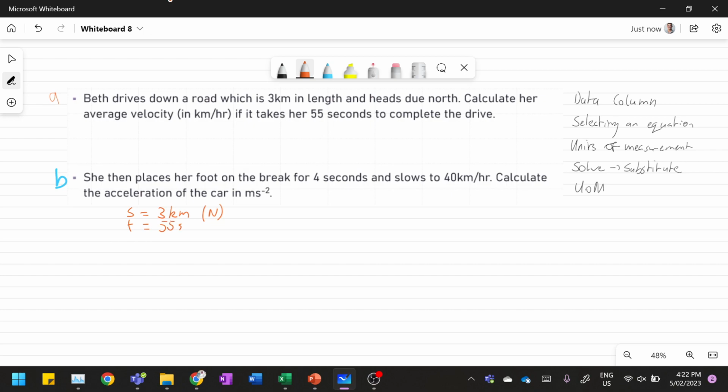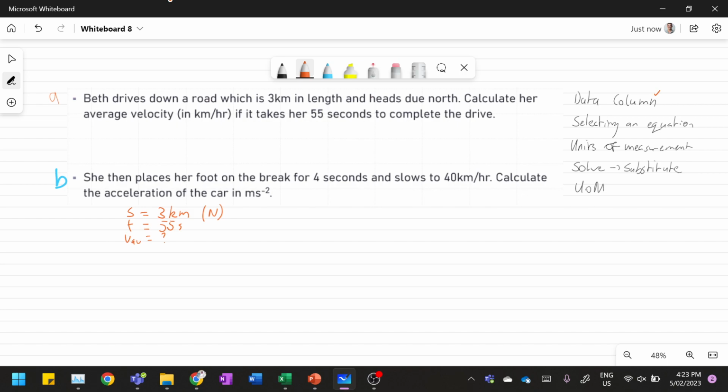And what we're being asked to determine at the end is the average velocity. This is currently unknown. Also, it's just important to add as well, we don't know if Beth's velocity was consistent or not. There's no information in the question which sort of directs us either way, which is why we're just calculating an average velocity for the entire trip.